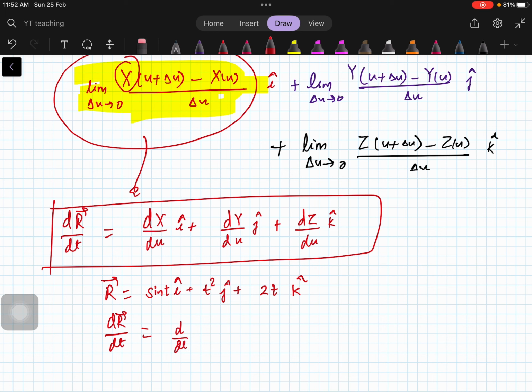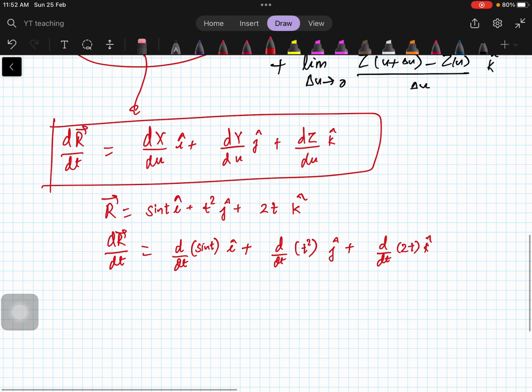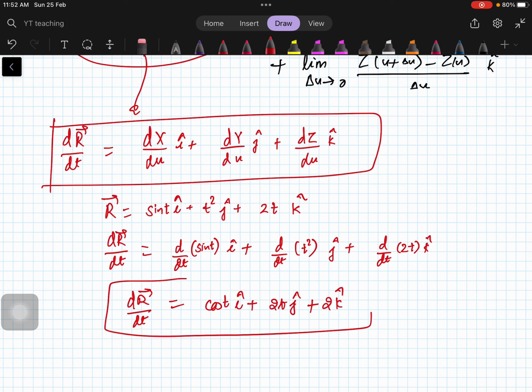That would be d by dt of sine t i cap plus d by dt of t square j cap plus d by dt of 2t k cap. So you are going to get cos t i cap plus 2t j cap plus 2 k cap. So this is your dr by dt vector. So this is the answer you have here. So that is very simple, right?